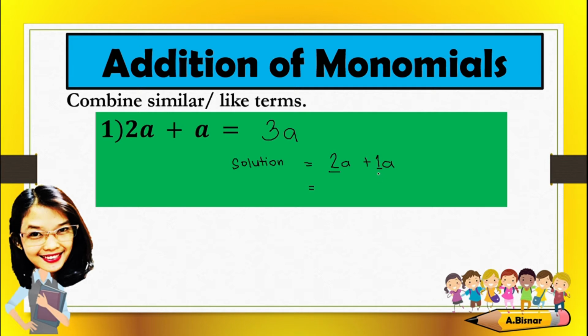Because this is 1a. But since that is 1, you don't need to write 1. And from here, we will now add the numerical coefficient. 2 plus 1 is 3. Then, just simply copy the given literal coefficient or the variable, which is a. That is how we get 3a.